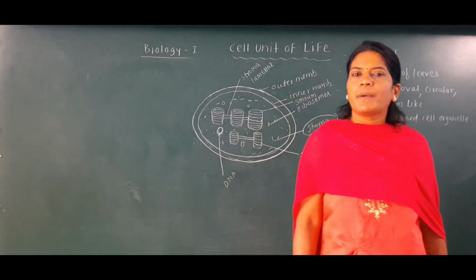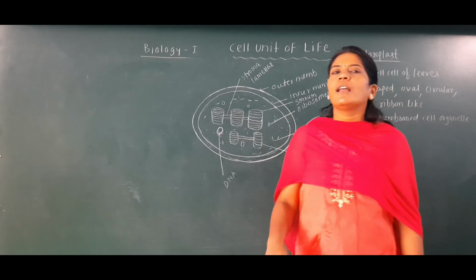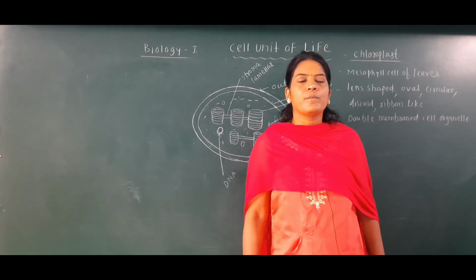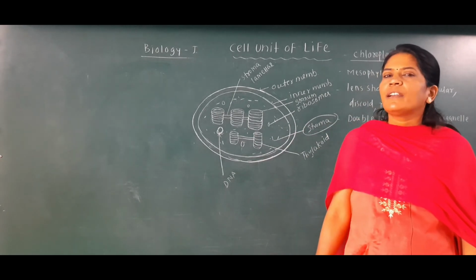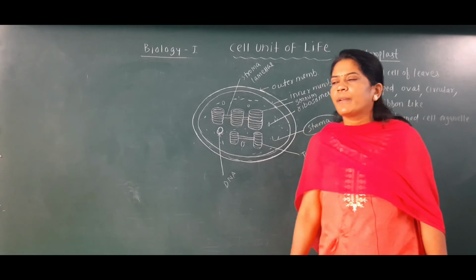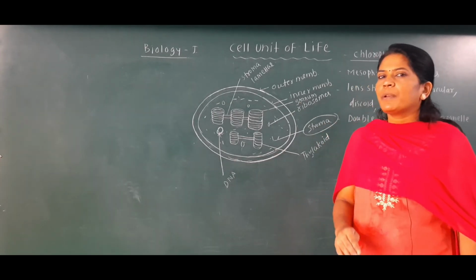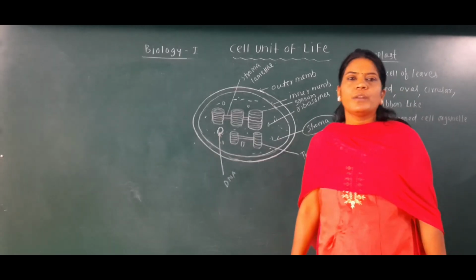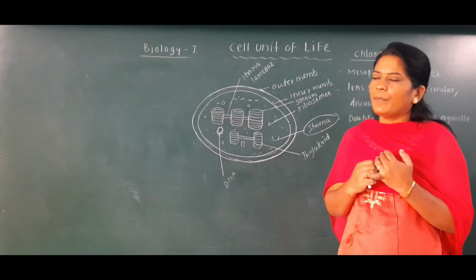But less permeable means that the membrane does not allow all the molecules to come in or go outside. So the important thing you have to remember is that this inner membrane of the chloroplast is less permeable as compared to the outer membrane, because the outer membrane is more permeable than the inner membrane.